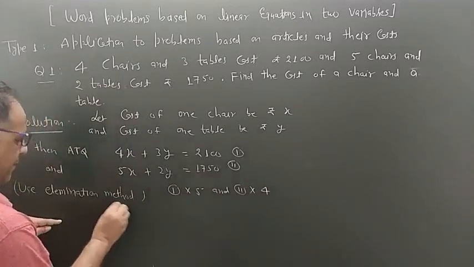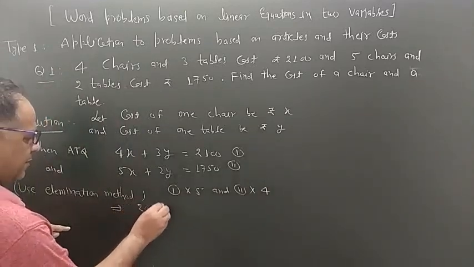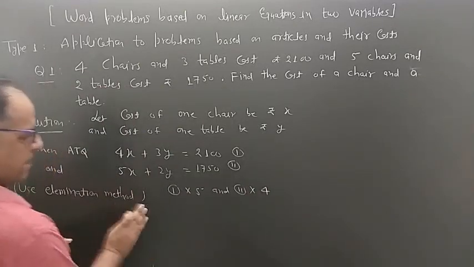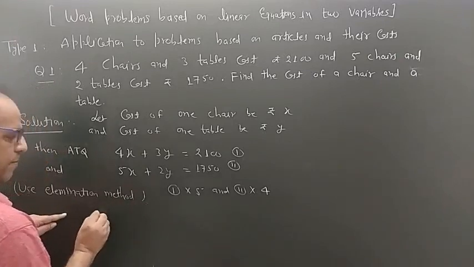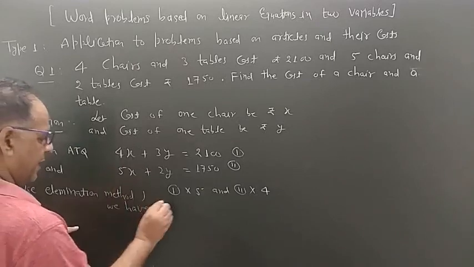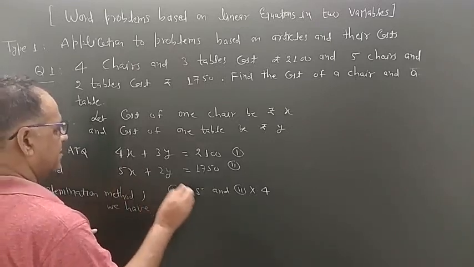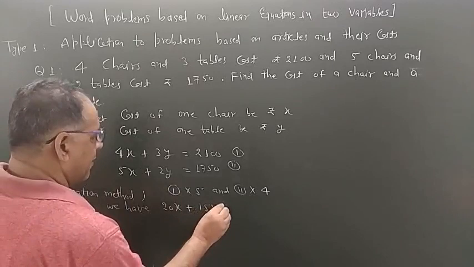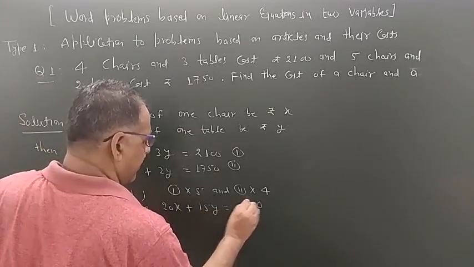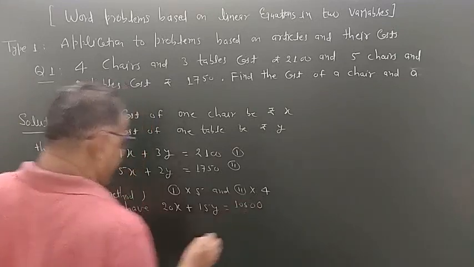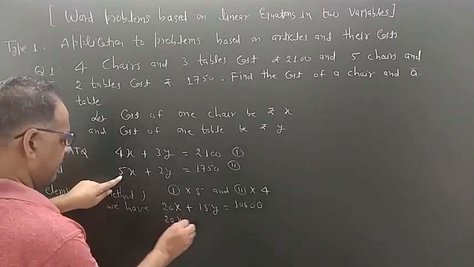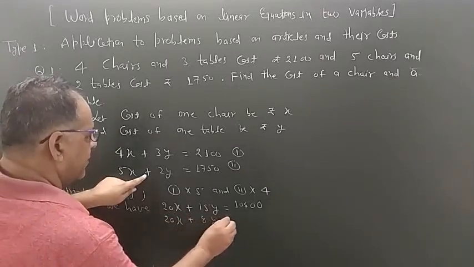So now we have 20x plus 15y equal to 10,500.